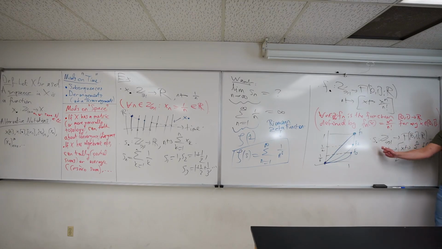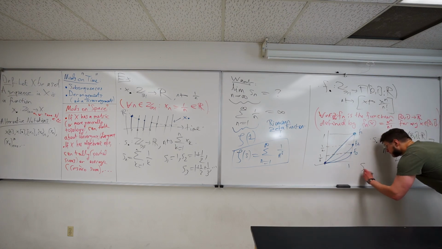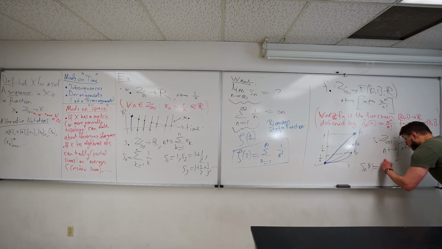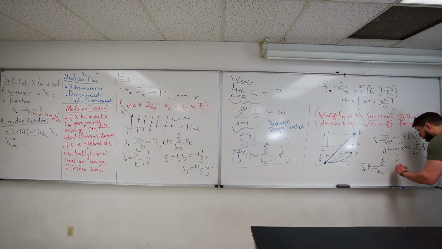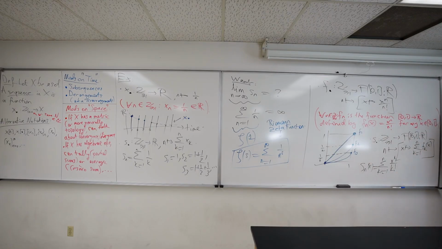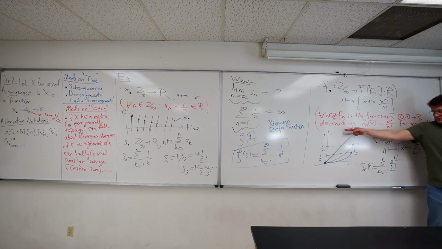In other words, S sub n of x is the sum, k goes from 1 to n, of f sub k of x, where f sub k of x is x to the k divided by k factorial. Okay? This in and of itself is a sequence of functions, because I can add a bunch of these functions and I get another function and so on.